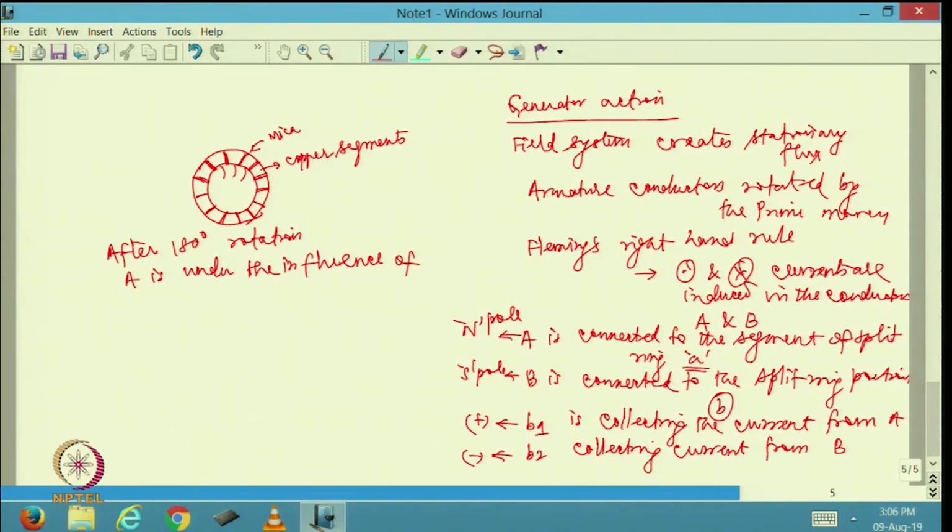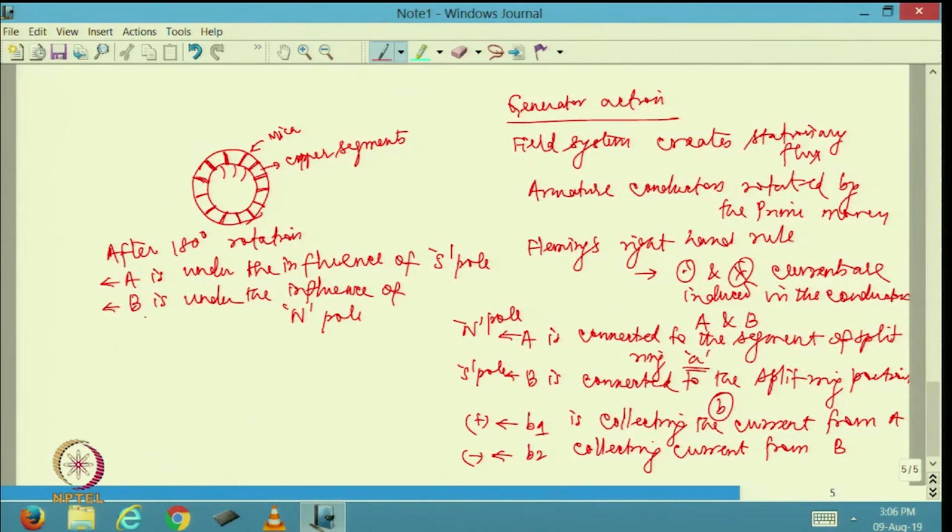Now, after 180 degree rotation, A is under the influence of the south pole and B is under the influence of the north pole. Right?